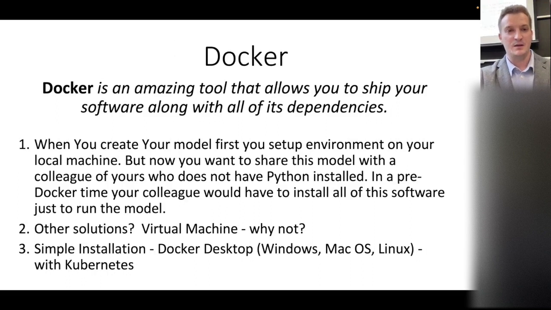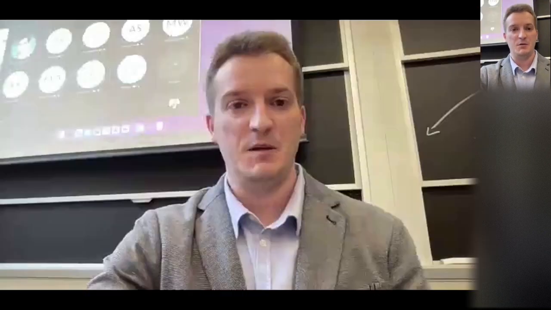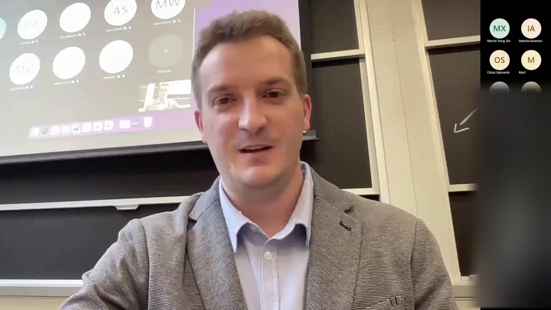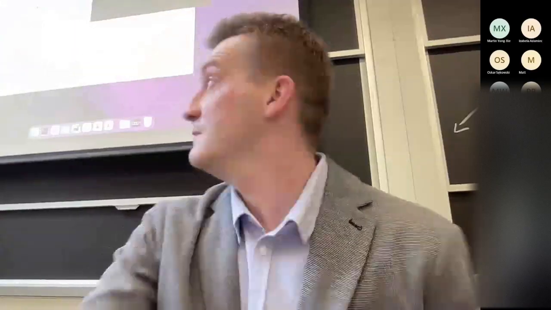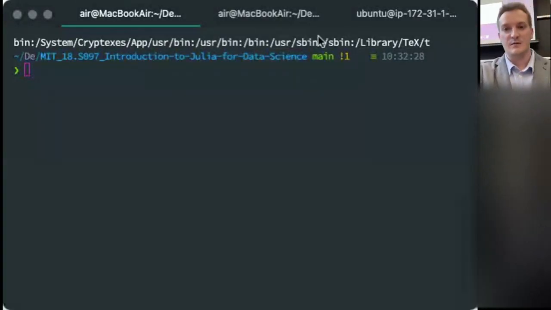Okay, so let's see how it could look in some code. I will start. I know that you have been waiting a long time for it. Maybe this will be better.